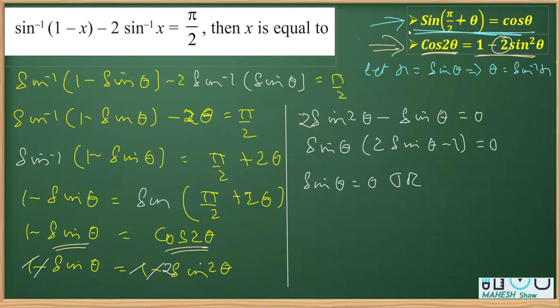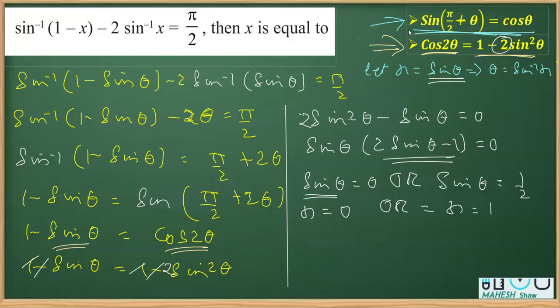Or equating the other factor with 0, I can say sine theta is 1 over 2. Clearly, sine theta is here x, so we can say x is equal to 0, or x is equal to half. But then we need to validate whether both the values of x satisfy the equation given over here or not.